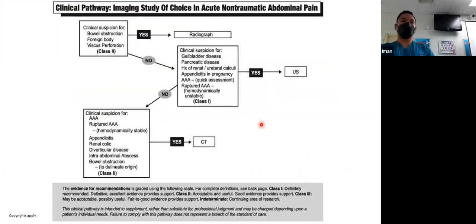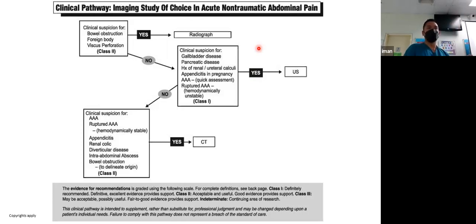So next, we will see the clinical pathway of imaging. So basically, this one is for imaging. For patient with clinical suspicion of bowel obstruction, ada foreign body, viscus perforation. If yes, then we will go for first kita akan buat radiograph. Kita nampak kat atas radiograph lah. Right, X-ray. If no, then macam kita pergi tadi kan, the algorithm.